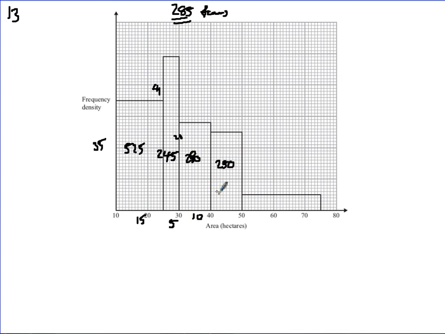That's just an 80 to make it clear. And this one here then, we've got 10, 20, 25, and then that's times 5, so that's 125. So the number of squares, we add them together.